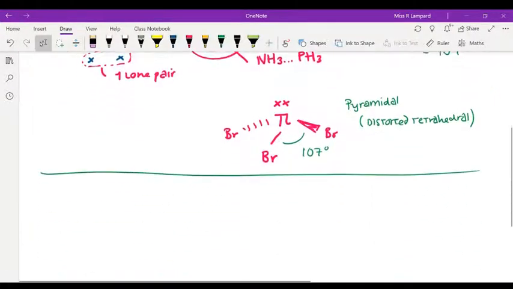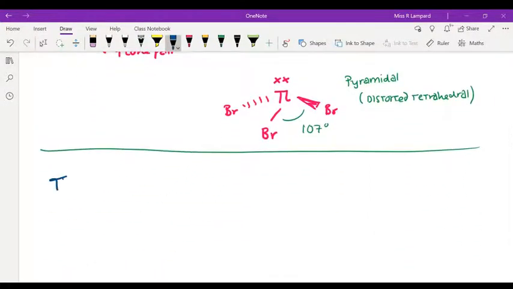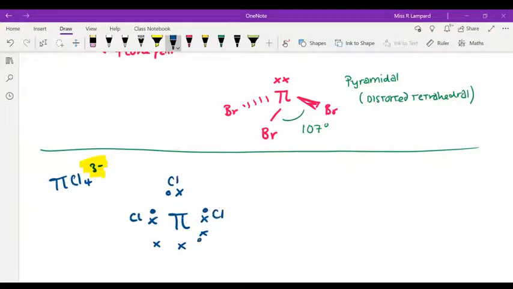Now the second one is asking you for the following ion. So in the same way, thallium in the middle, 1, 2, 3, for being in group 3. And then due to this 3 negative charge, we're going to add 1, 2, 3. We know we've got 4 chlorines coming to bond with it, so let's go 1, 2, 3, 4.